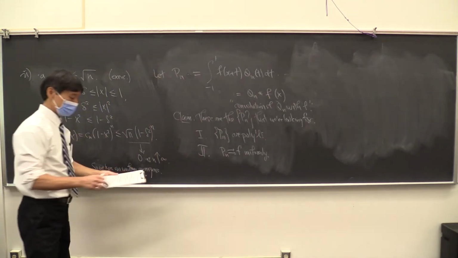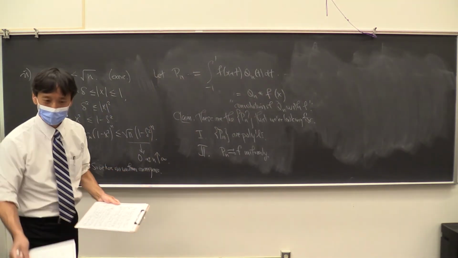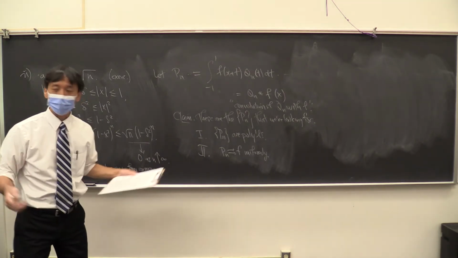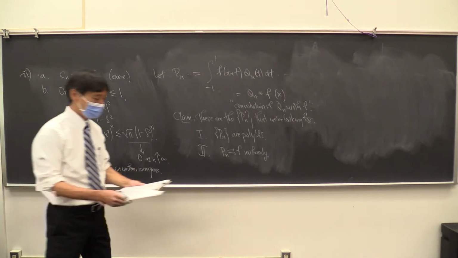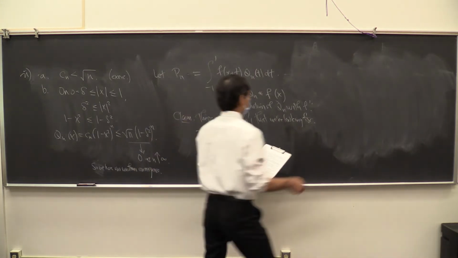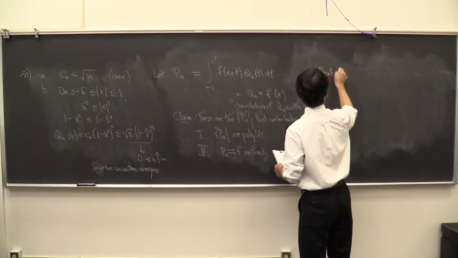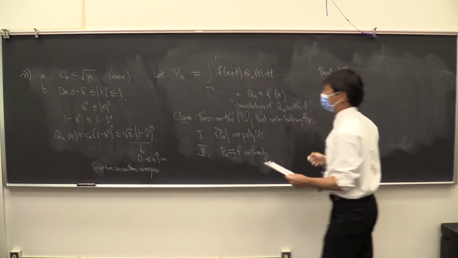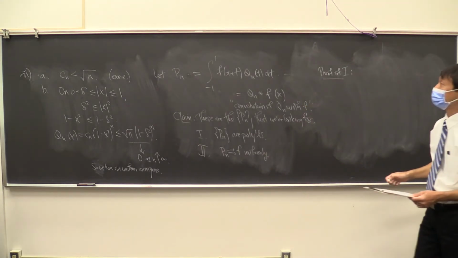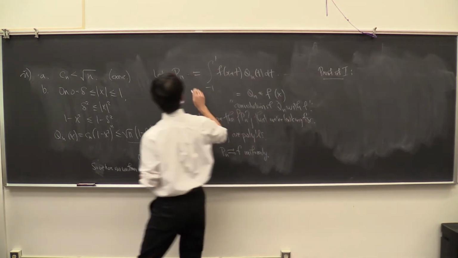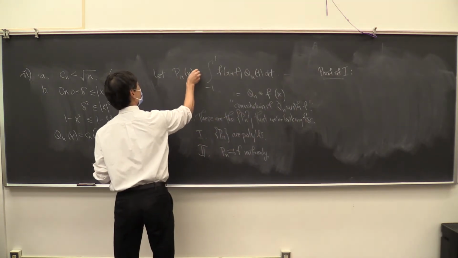Okay. So that's the intuition of what's going on here. So let's prove claim 1, that these things actually are polynomials. Sorry, I forgot to say this should be P_n of x.